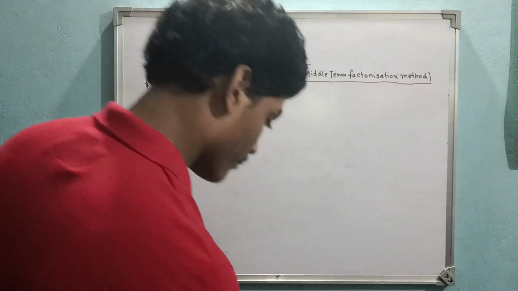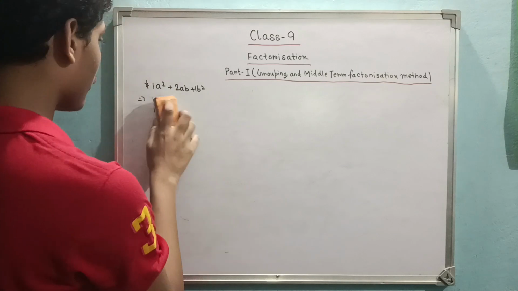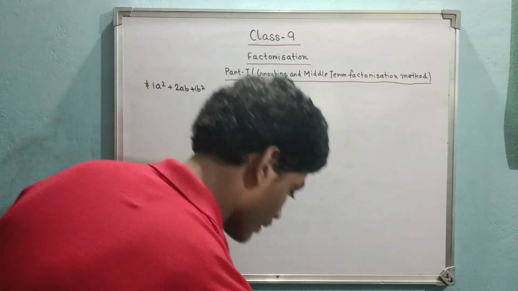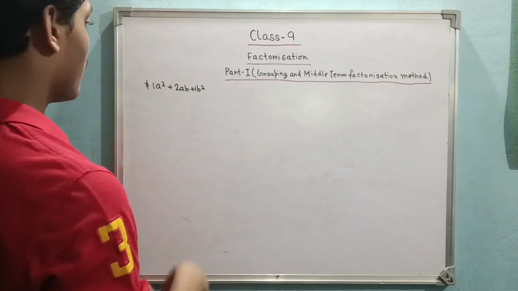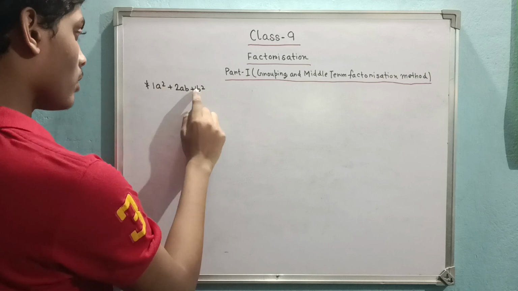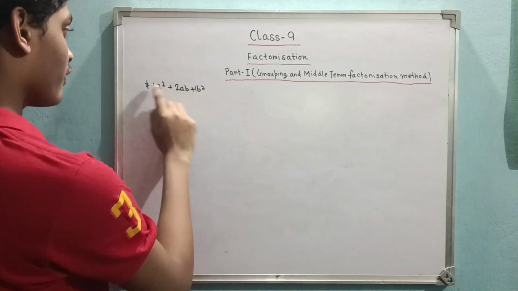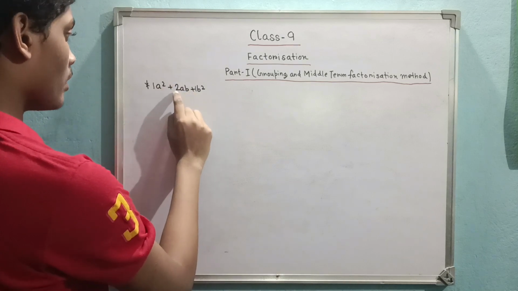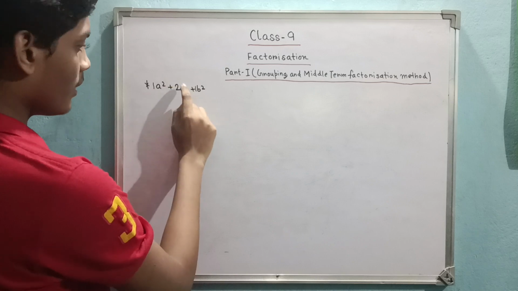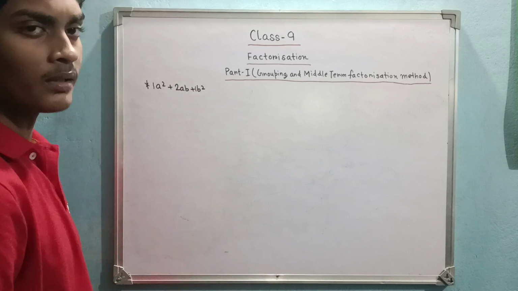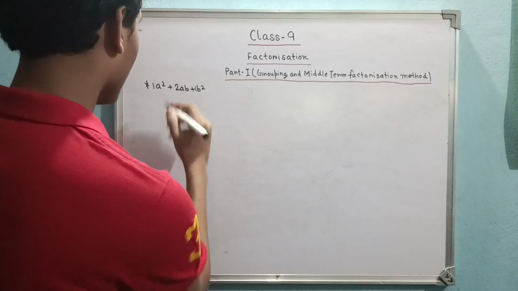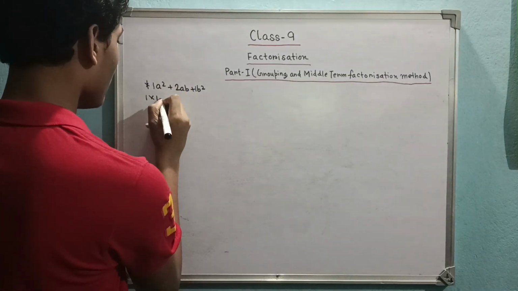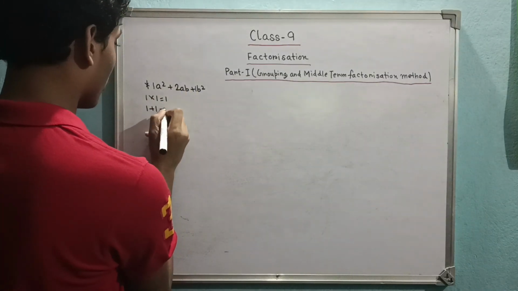Let me show you properly. The product of these two terms and the sum of these two terms should be equal to the coefficient of the middle term given here. So here 1 into 1 is 1 and 1 plus 1 is 2.